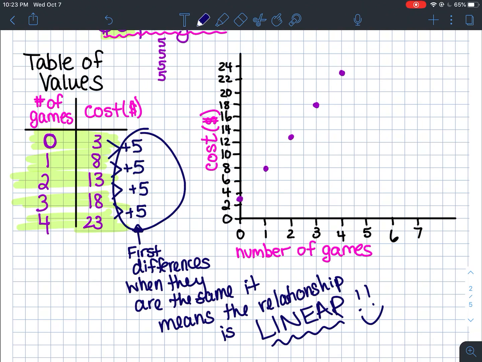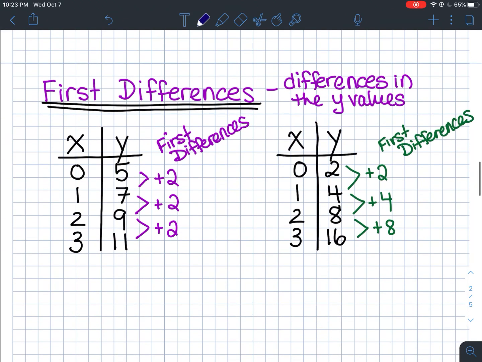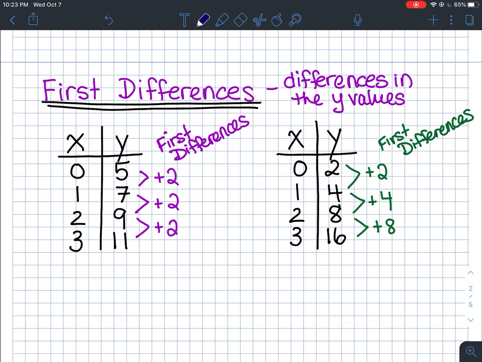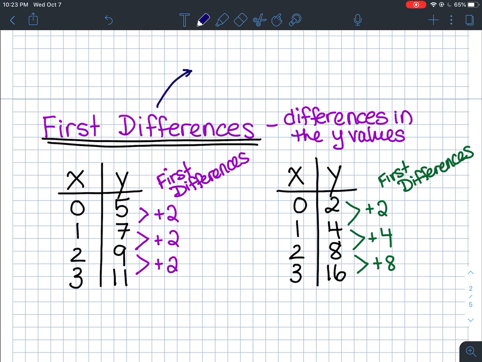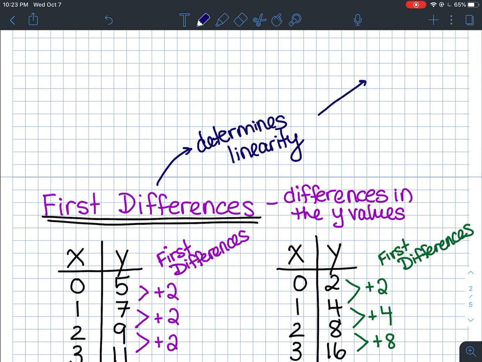So the purpose of the first differences is to tell us if a situation is going to be linear or nonlinear. So I'll just add that. It determines linearity. So if something is going to be a straight line or a curvy line.